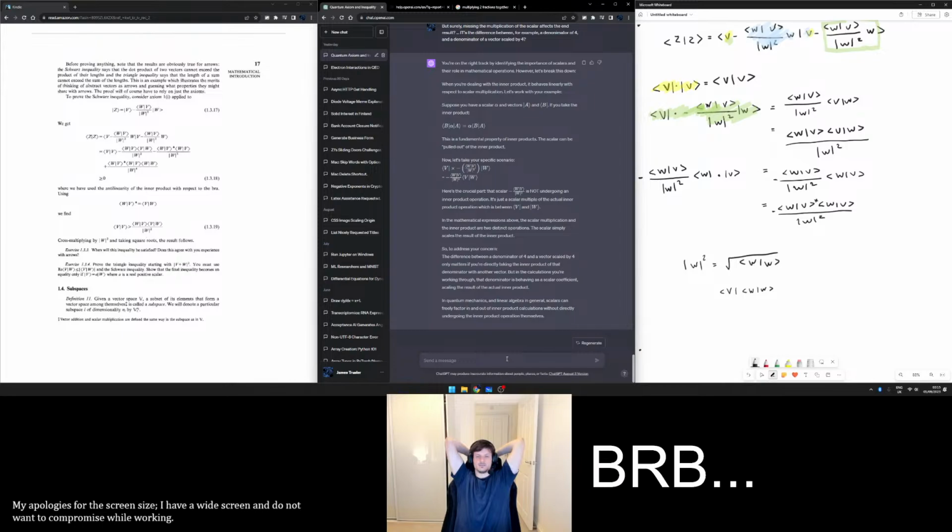It's just a scalar multiple of the actual inner product operation, which is between V and W. In the mathematical expression above, the scalar multiplication and the inner product are two distinct operations. The scalar simply scales the result of the inner product. So to address your concern, the difference between a denominator of 4 and a vector scaled by 4 only matters if you're directly taking the inner product of that denominator with another vector. In the calculations you're working through, that denominator is behaving as a scalar coefficient, scaling the result of the actual inner product. In quantum mechanics and linear algebra in general, scalars can freely factor in and out of inner product calculations without directly undergoing the inner product operation themselves.